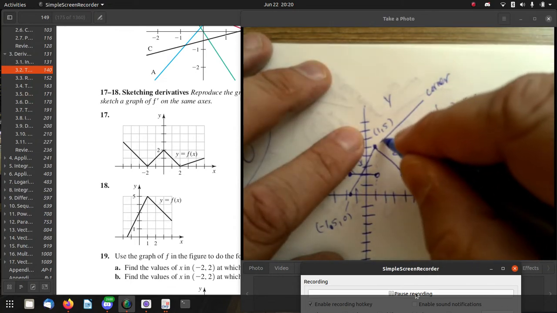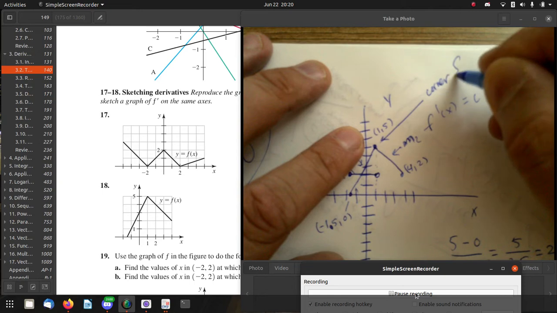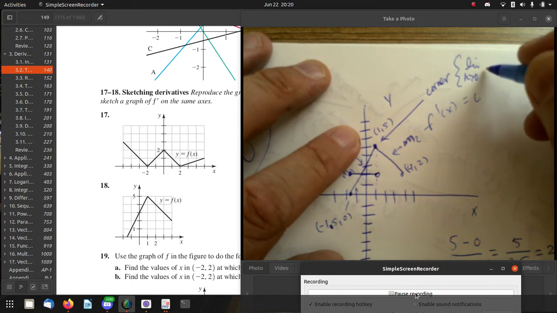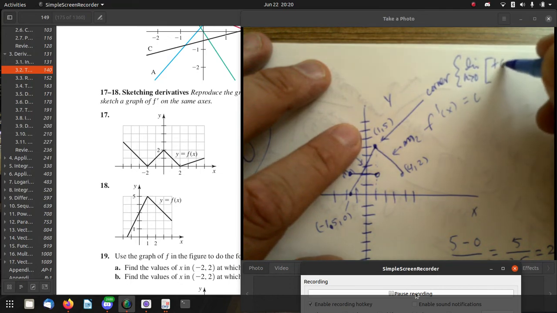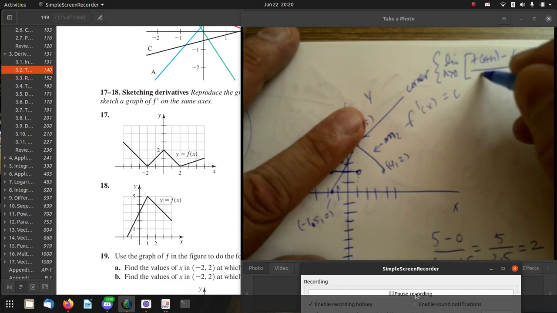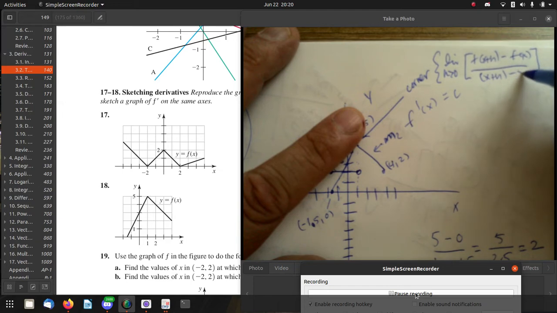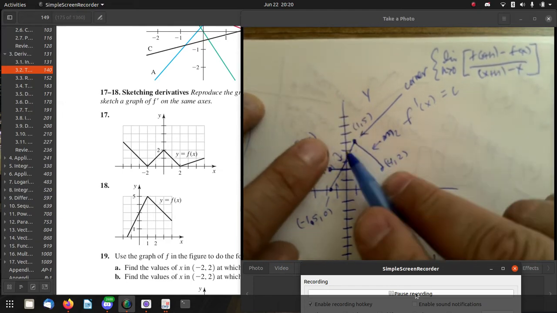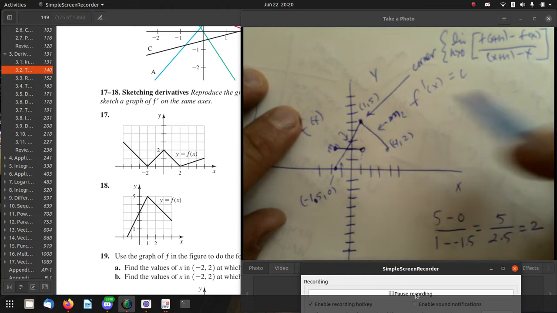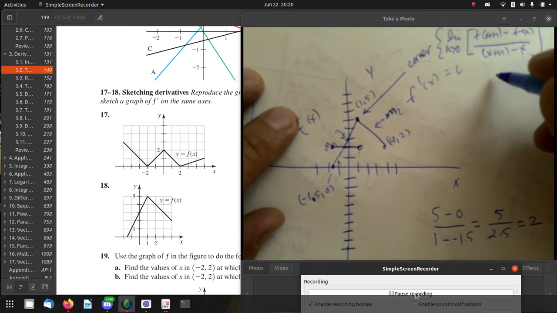But the corner, when you do this limit, when you do the limit as h approaches 0 of f of x plus h minus f of x over x plus h minus x, and you do this for both sides, I think in both cases you get undefined.